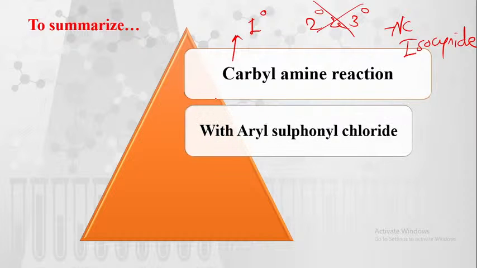Then we have seen the reaction with aryl sulfonyl chloride. Primary, secondary and tertiary amines show different reactions with it. Secondary does not get solubilized, primary gets solubilized, and tertiary directly forms salt before the reaction of acid. This is the point of difference.